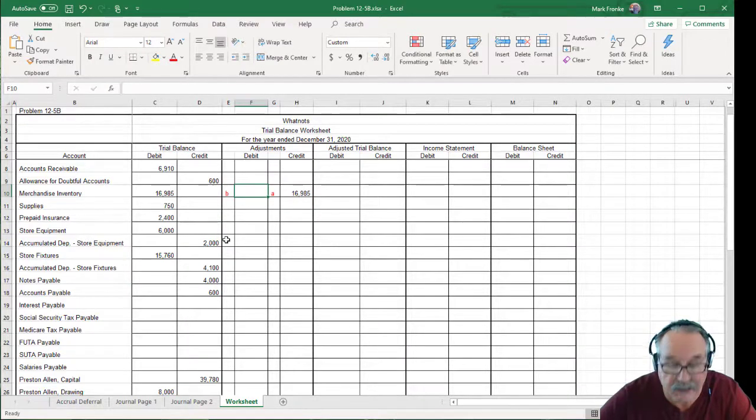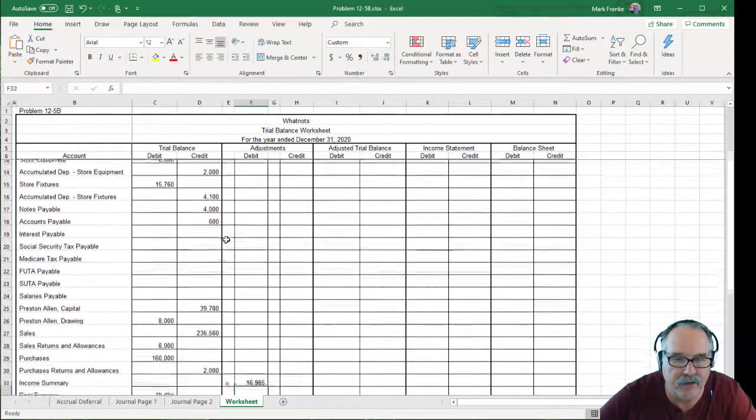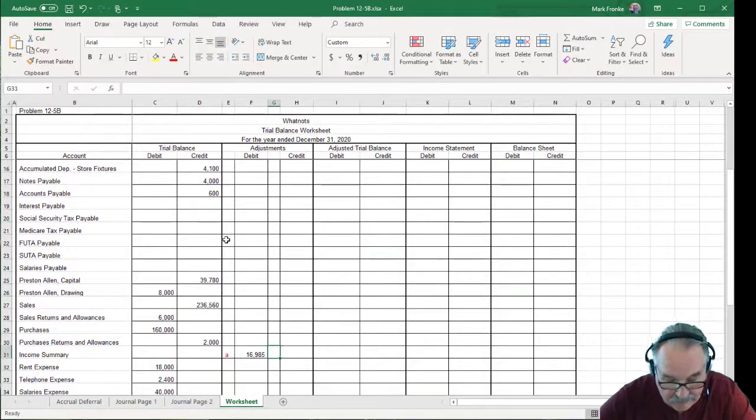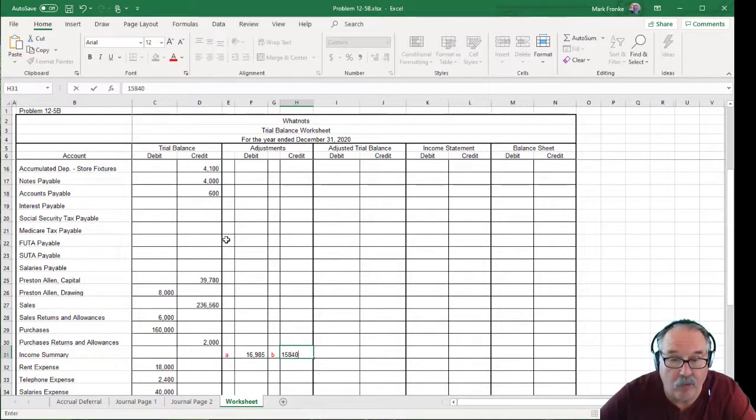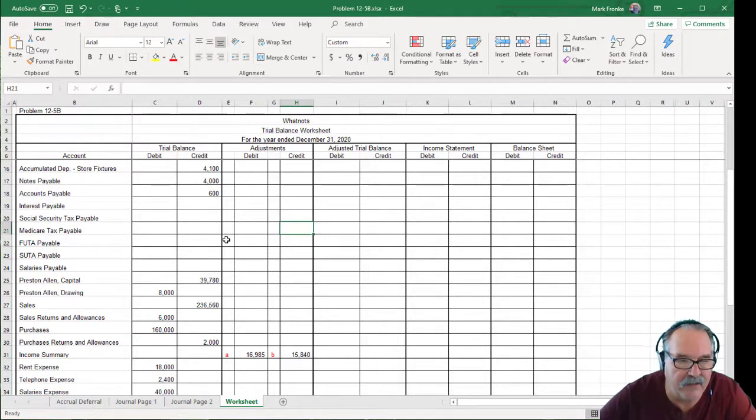Entry B is to record the ending inventory. That is a debit to merchandise inventory and a credit to the income summary. In effect, we are taking to the income statement, through an expense that goes along with purchases, the difference between the beginning and the ending inventory.